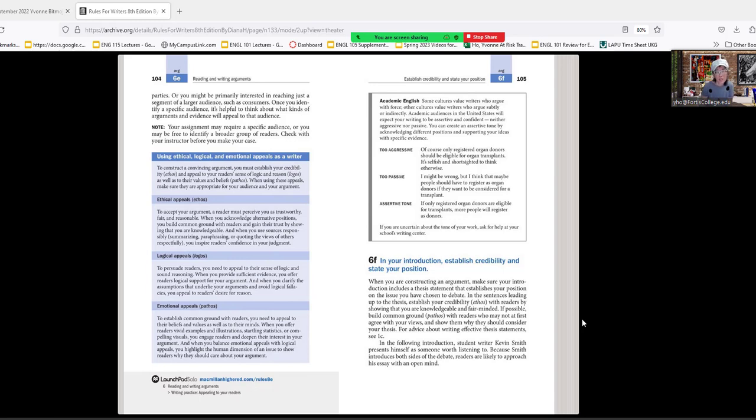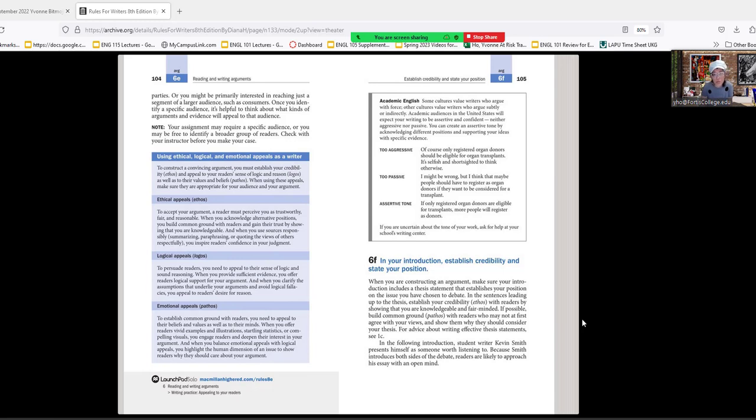You establish your ethos as an authority on the subject, and you establish your pathos by establishing common ground with your reader before you state your thesis statement, which states the main idea of your essay. And your thesis statement is always located as the last sentence of the first paragraph.